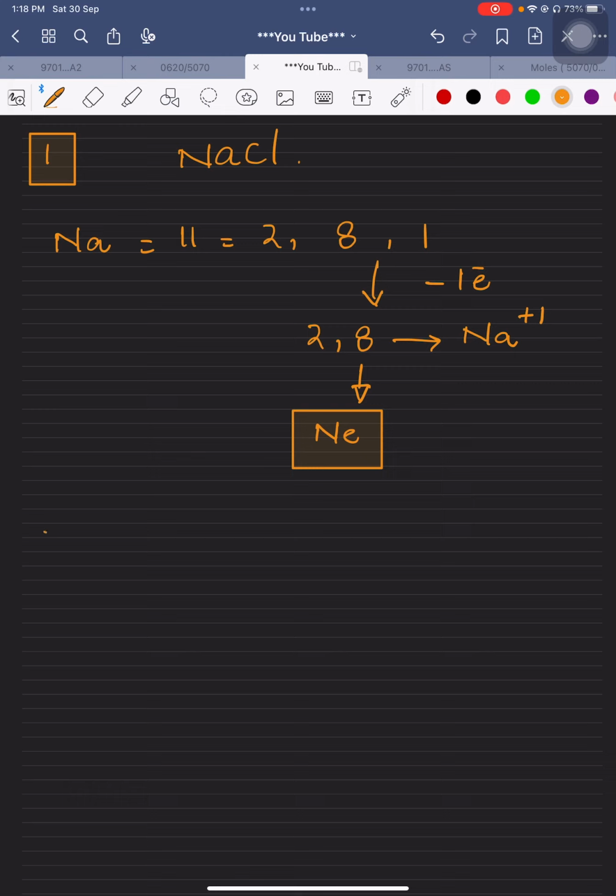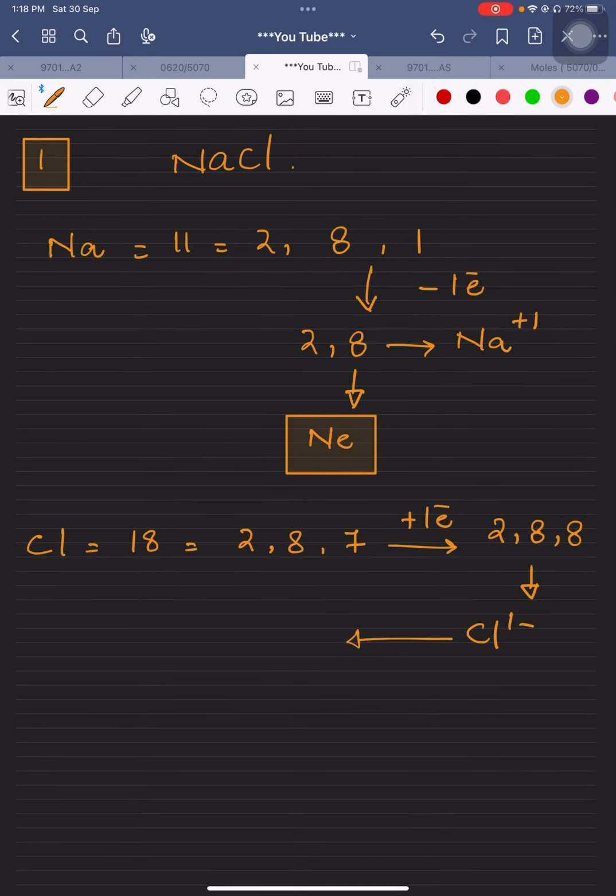Okay, let's consider Cl. It is 17, it is 2, 8, 7. It gains one electron and afterwards it is 2, 8, 8, and it is now forming the chloride ion. Its new electronic configuration is matching with argon.